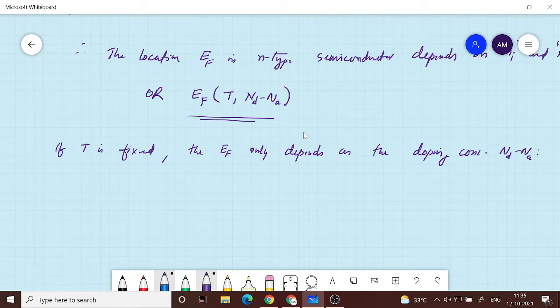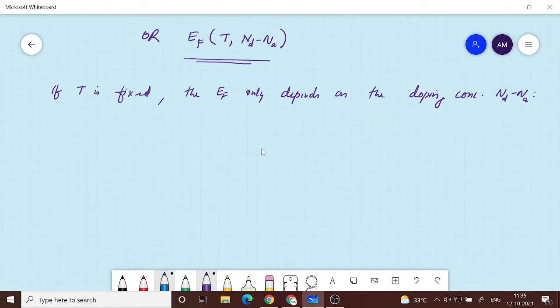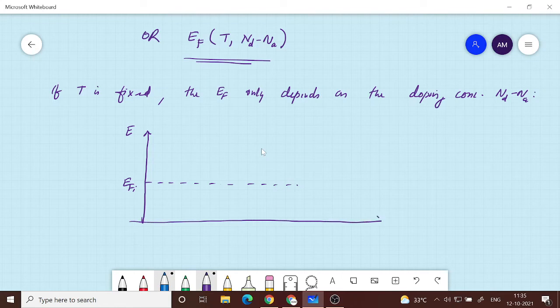So that I can show. Take energy E on the vertical axis, and draw EFi here, the intrinsic level, and on the x-axis take Nd minus Na in centimeter raised to minus 3.